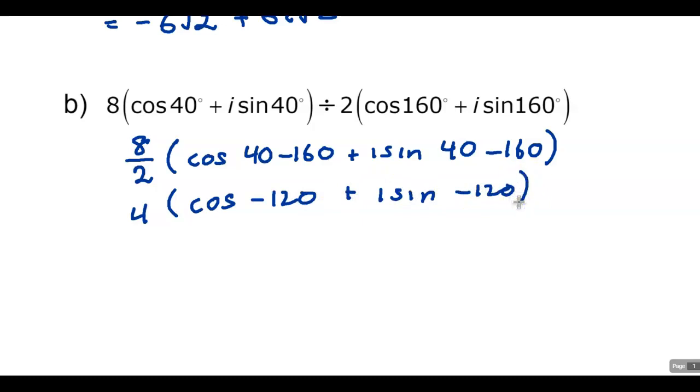You can rewrite this as 240 degrees if you like, but you don't have to, as long as we know where that is and we know the values. This is third quadrant, so both the sine and cosine are going to be negative. And we'll have -1/2 minus root 3 over 2 i.